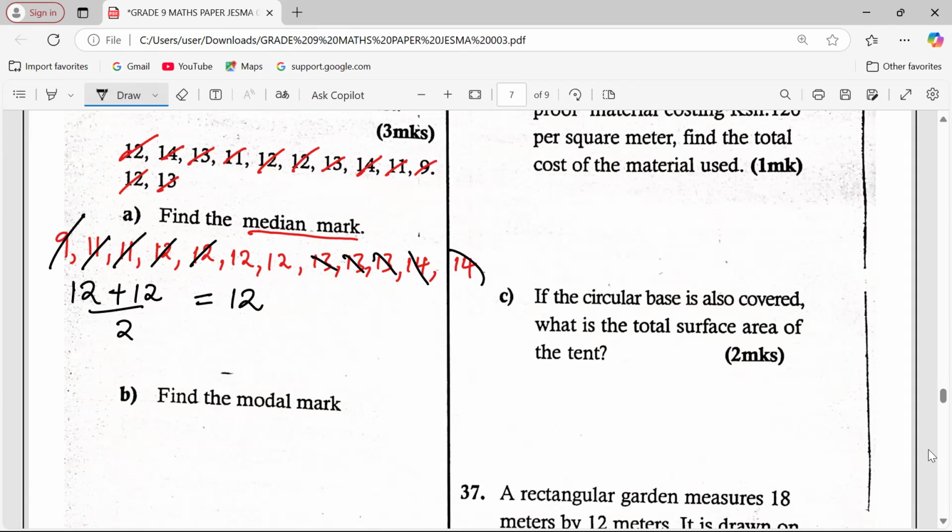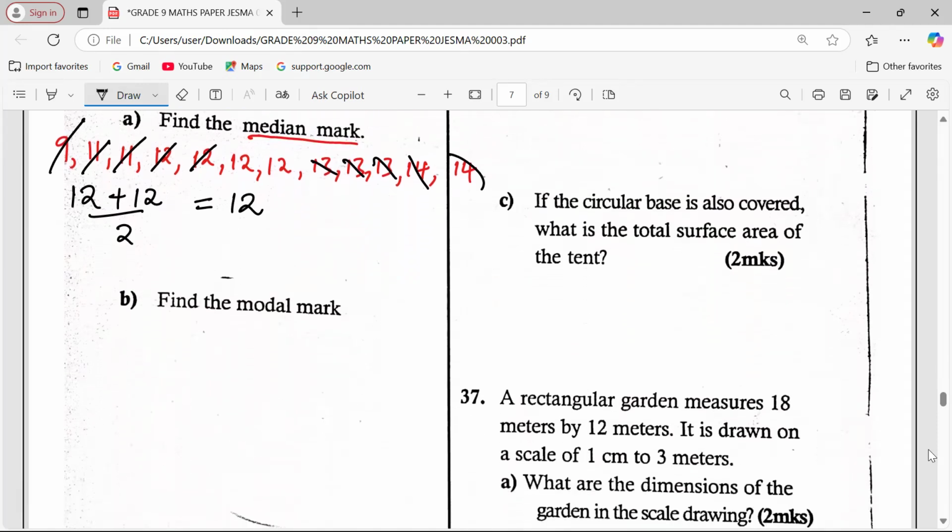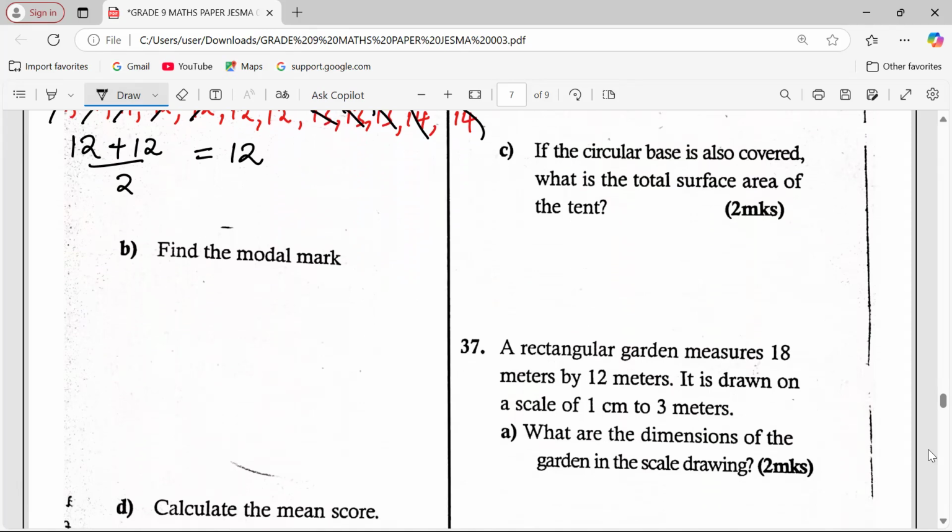I have found the average of the values at the middle, only that by coincidence, they are equal. But now given another set of data whereby the values are not exactly the same, then you have to calculate the average of the two values that way. So we get 12.